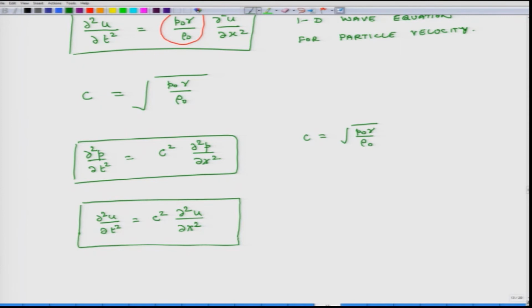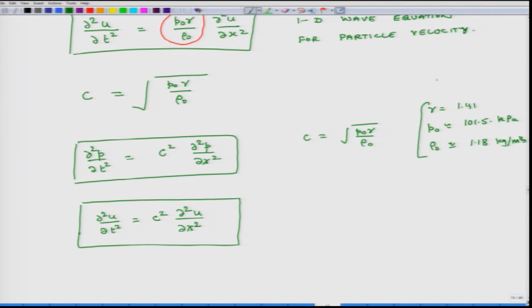and if we plug in the values of P naught, rho naught and gamma. So, gamma for an ideal gas is 1.41, P naught is approximately equal to 101.5 kilopascals, rho naught is approximately 1.18 kg per cubic meter.